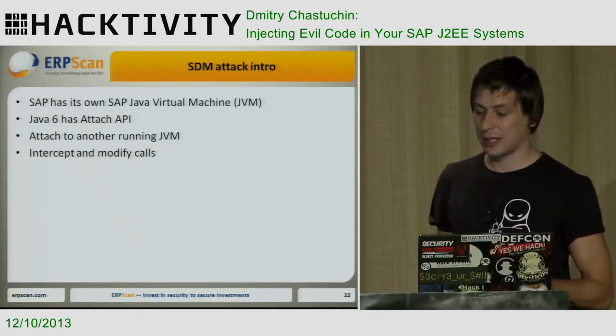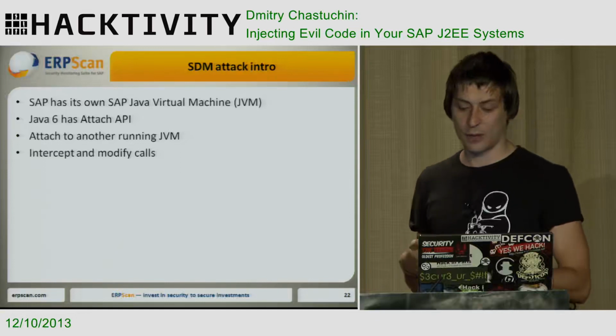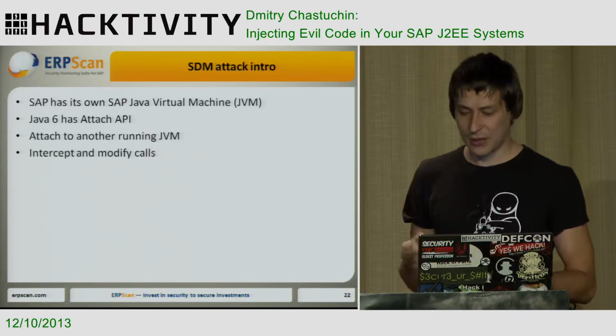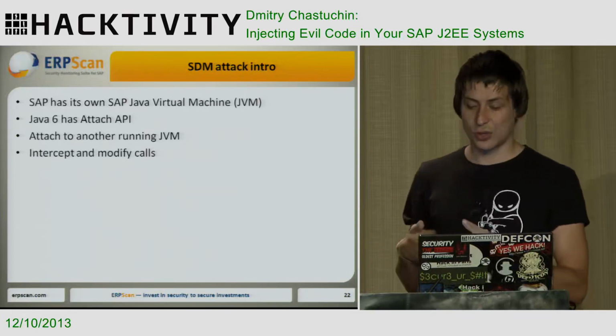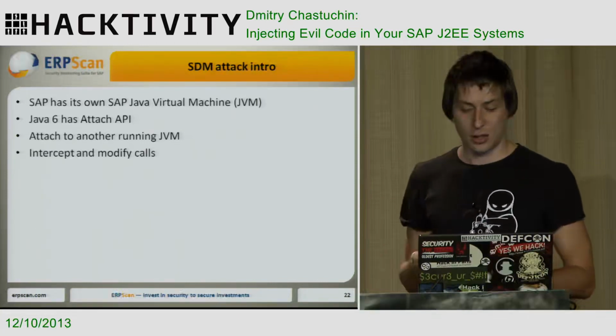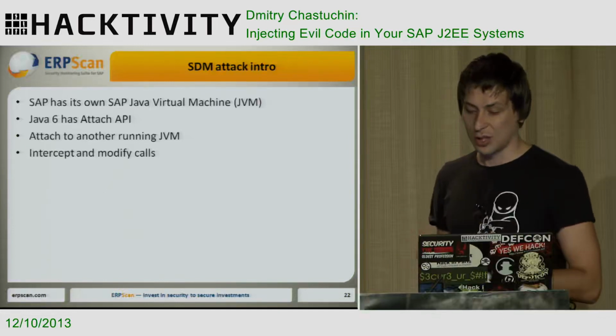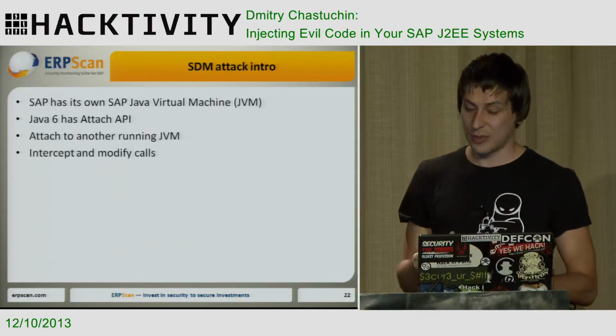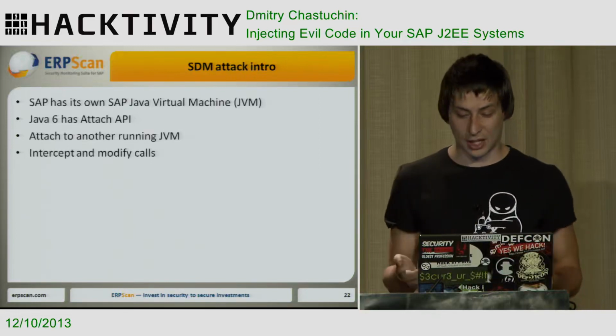The Attach API is an extension that provides a way for a Java process to attach to another JVM at runtime. This can be used to load Java agents onto a remote virtual machine. Those agents can then redefine classes or retrieve information about the JVM to which they attach.